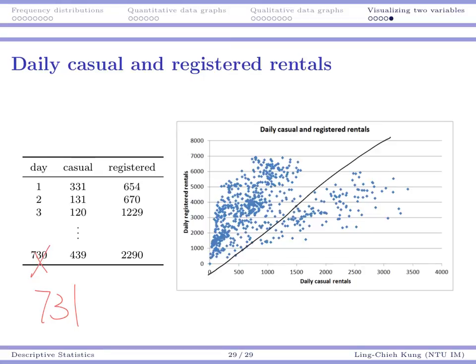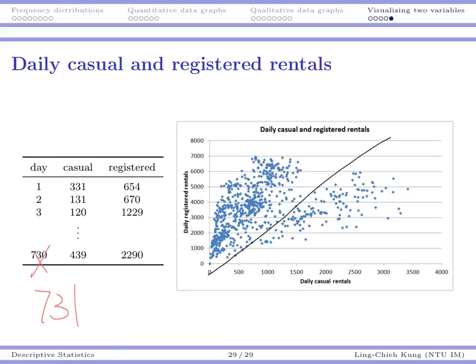Another thing that you would observe is that, roughly speaking, these two sets of data are still positively correlated. When one goes up, the other basically goes up. But in this graph, the trend is not so obvious compared to the previous graph. So graphs can really give you a very good intuition about your data.